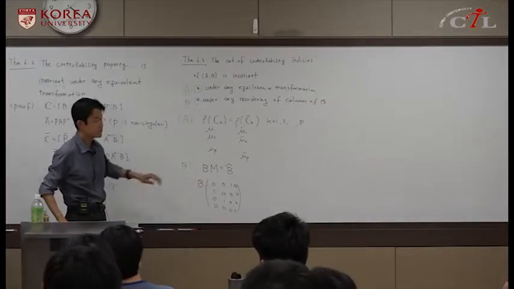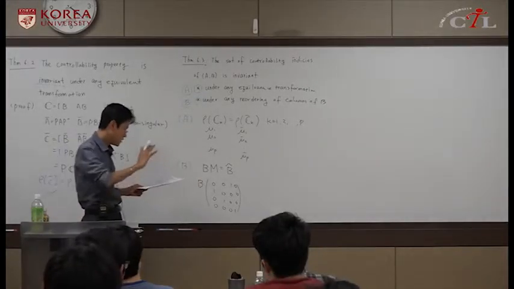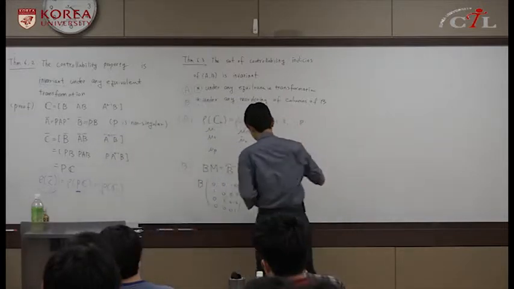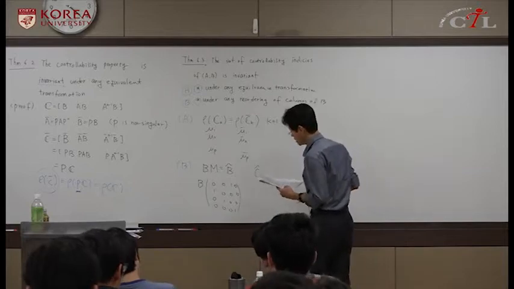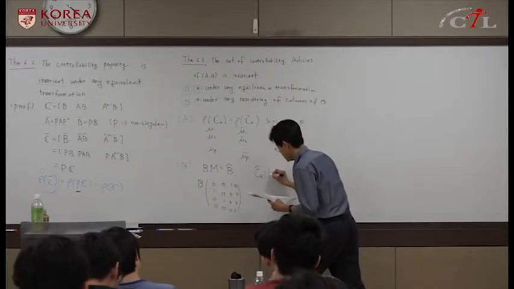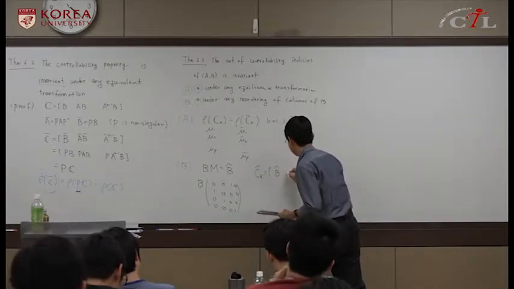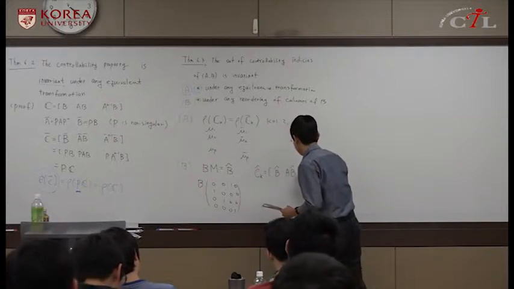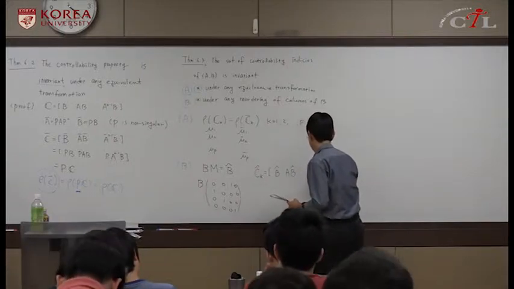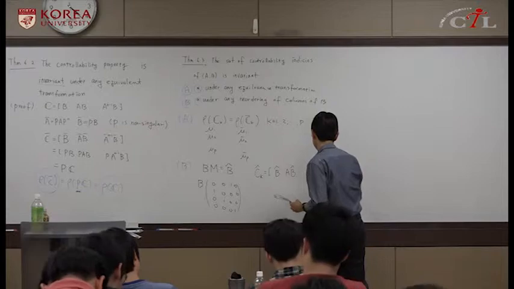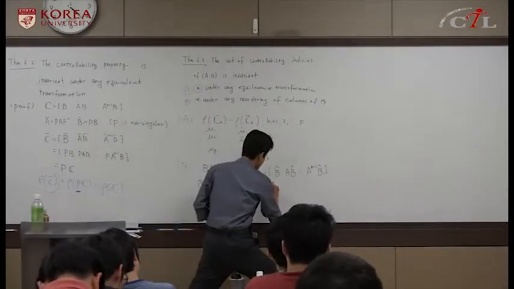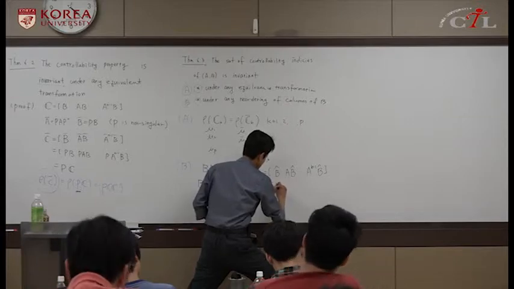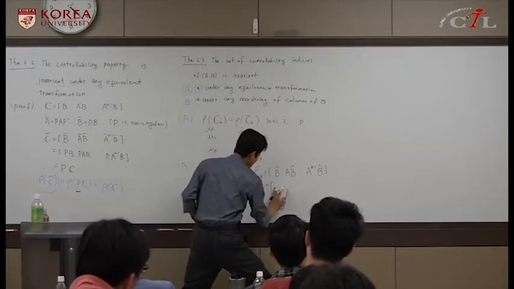This does not hurt any controllability, because if we calculate CK hat, then this is B hat, AB hat, up to A^(k-1) B hat, where just M terms are added at the end of the original CK.